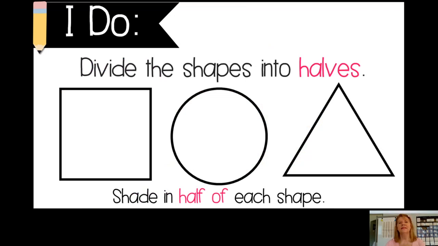Now it's asking me to divide the shapes in half. This is something I'd like you to practice in your journal later. Draw a circle, a square, and a triangle. When you divide your shape in half, I would like you to put a dot at the top in the middle of your square, right here at the top line in the middle, and on the bottom line in the middle.